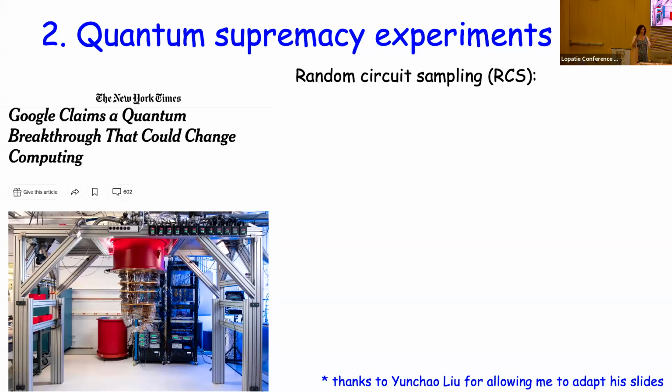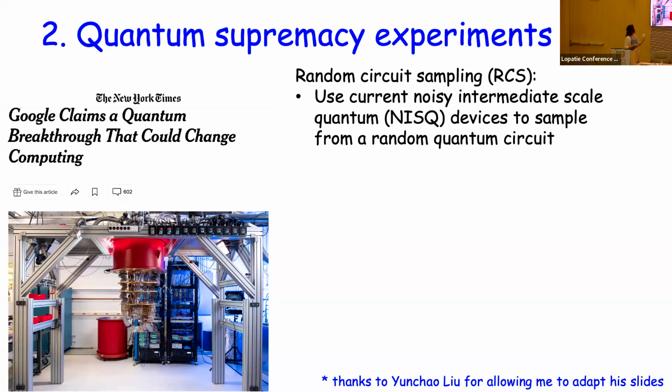I'm sure everybody in the audience heard about Google's claim of quantum breakthrough, quantum supremacy or quantum advantage, where they used random circuit sampling, which means picking a random quantum circuit according to some distribution, measuring it, and running some test on its output, for example linear cross-entropy benchmarking.